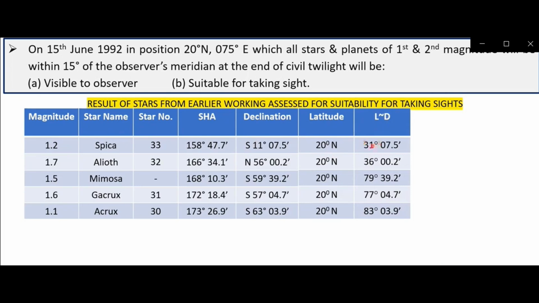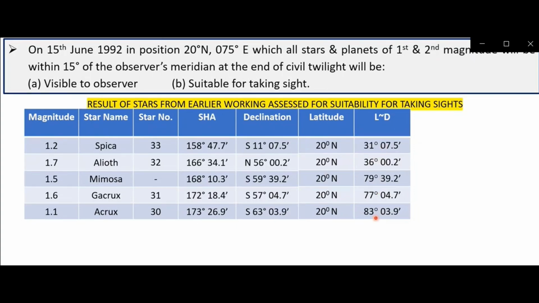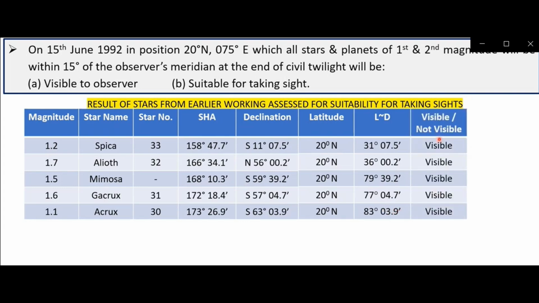Opposite names, add, same names, subtract, and we have L difference D for all the 5 stars in this column. Now, for the star to be visible, this L difference D shall be less than 90 degrees. And we see that for all the 5 stars, for all the 5 cases here, L difference D is less than 90. Therefore, all these 5 stars shall be visible to the observer.